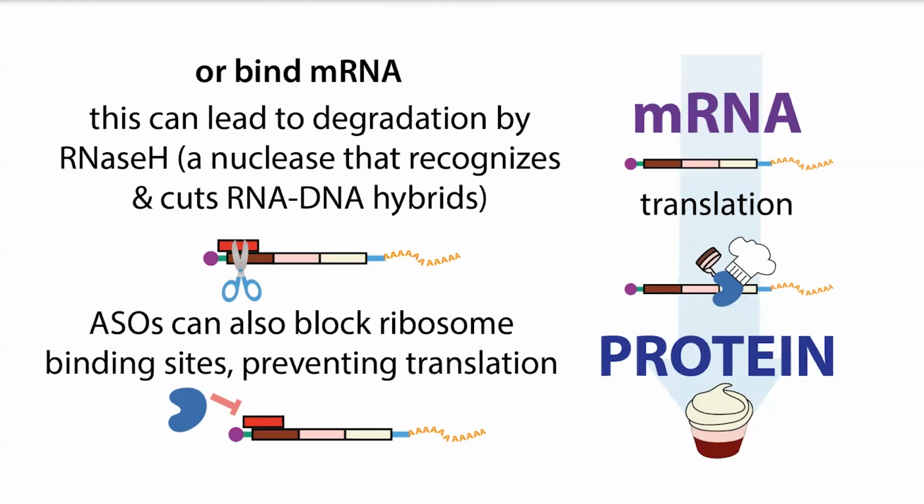If an ASO binds to a messenger RNA, there are a couple of things that can happen. ASOs can be designed by modifying the chemistry in order to promote different outcomes. The two main things that can happen are it can just bind there and block stuff, or it can bind there and actually cause that mRNA to get degraded.